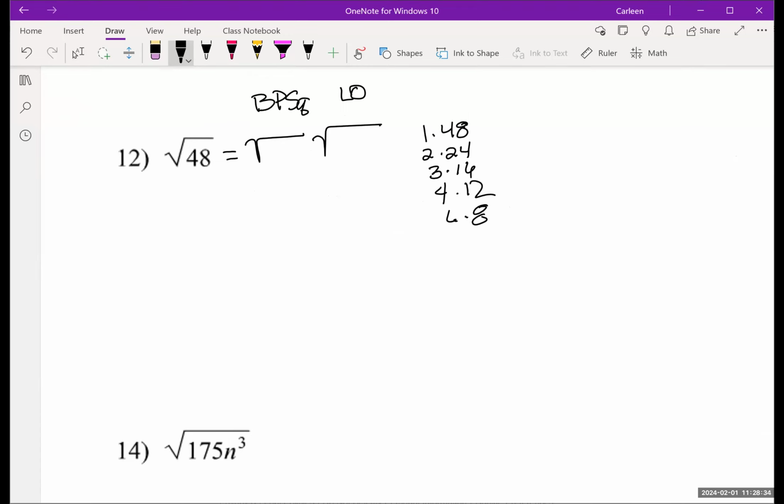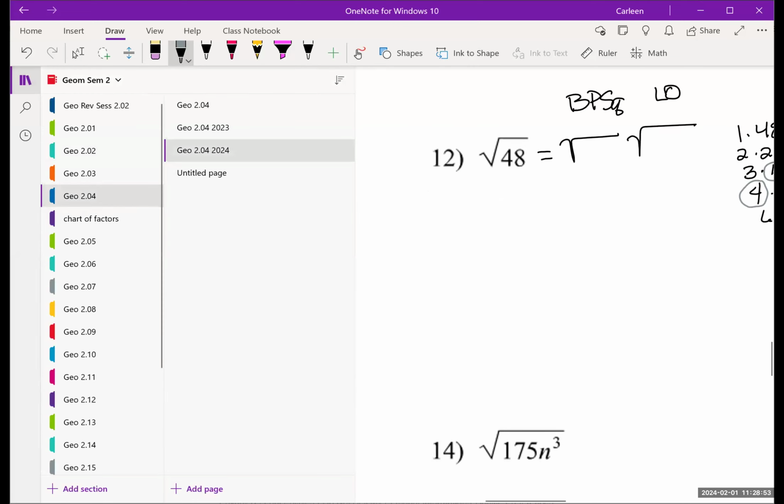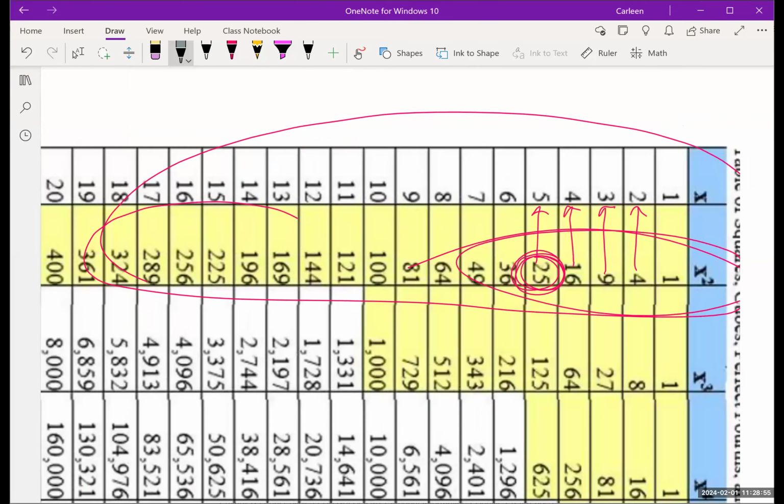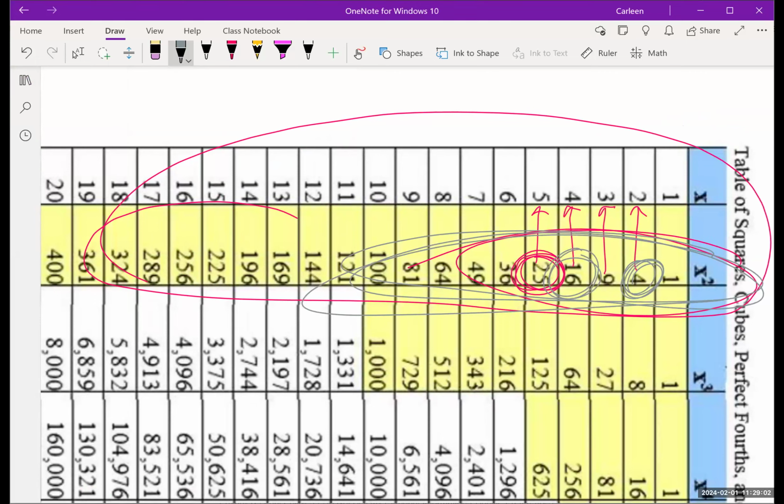Now let's just circle in gray all the perfect squares. 4 is a perfect square and 16 is a perfect square. Do we have a question? Is 24 a perfect square? Oh, let's check the chart of factors. Is 24 a perfect square? No, that's not on my list. But 4 is a perfect square and 16 is a perfect square.